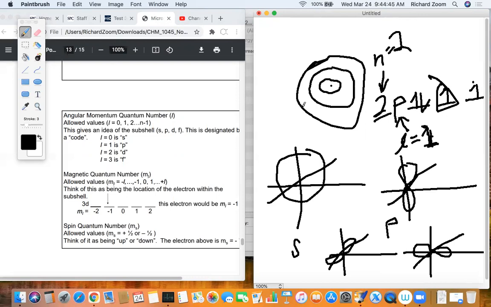Then we can talk about the next one, which is the magnetic quantum number, m sub L, which has a value from negative L up to positive L. Now, in the case of the p orbital, it means that the L value can then range from negative 1 up to positive 1. So what we can do is we can number these as -1 up to +1.